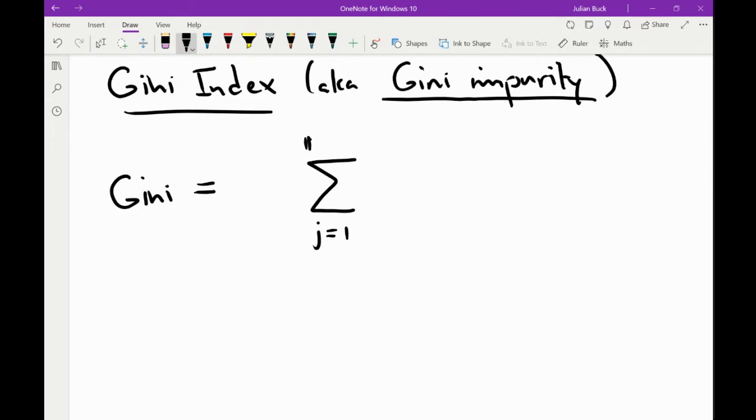So we take the probability for the class and square it, and then we do 1 minus that sum. Okay. So computationally, this is much simpler than cross entropy.